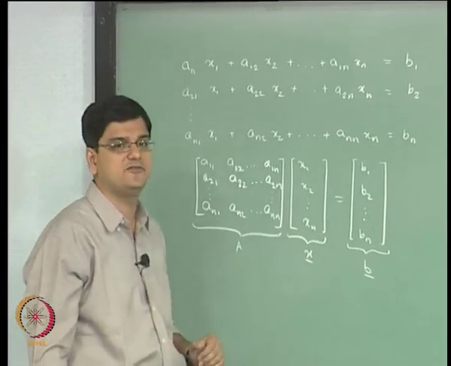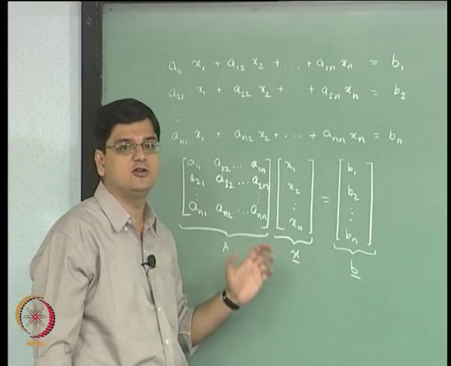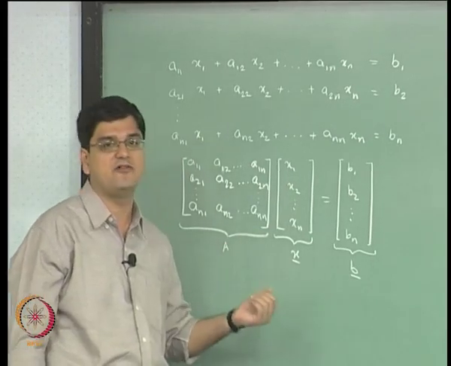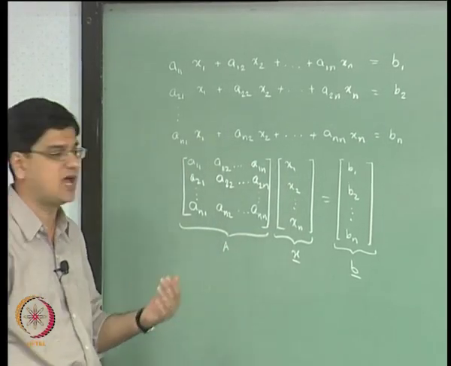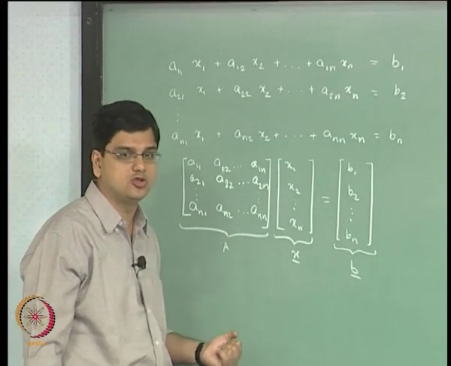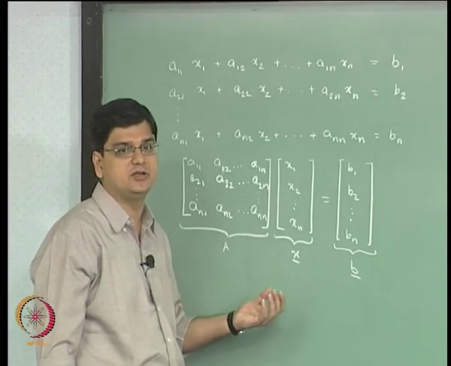The next question that we asked ourselves is, when does this system of equations have a unique solution, when does it have no solution and when does it have multiple solutions.